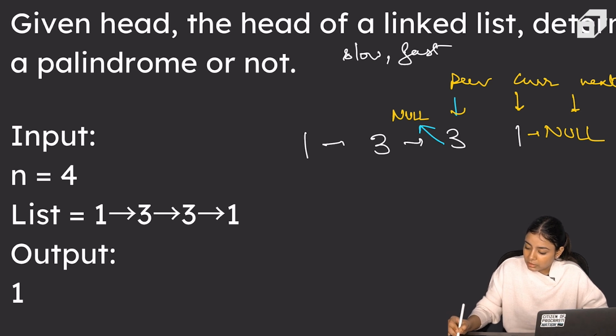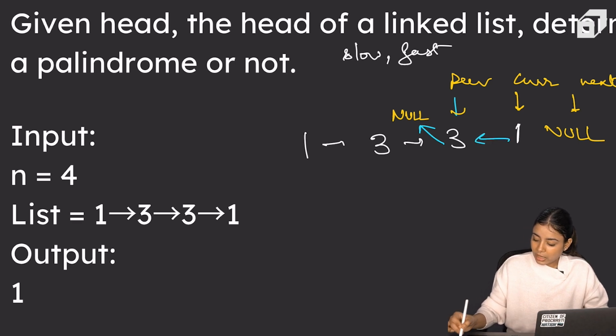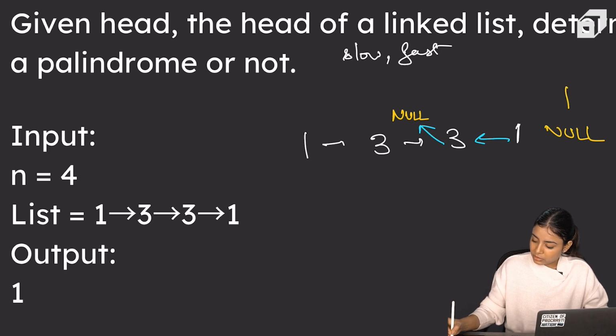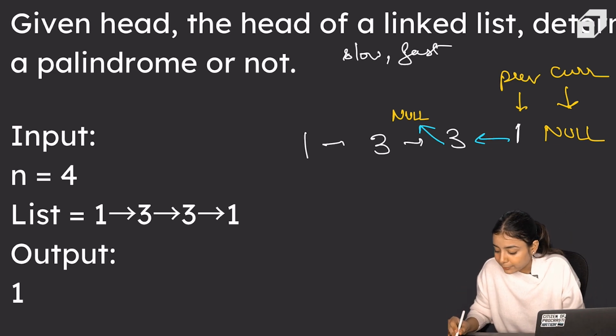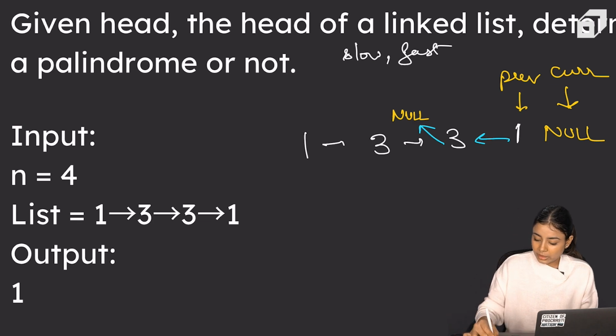Okay, and now again we change the link of current node, make it point to the previous node, and then move all of the pointers. So now my current reaches null, and when my current reaches null, that's when I know that I've covered the linked list that I was supposed to reverse, and my previous will be pointing to my new head.